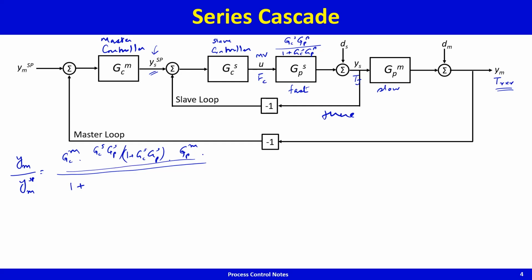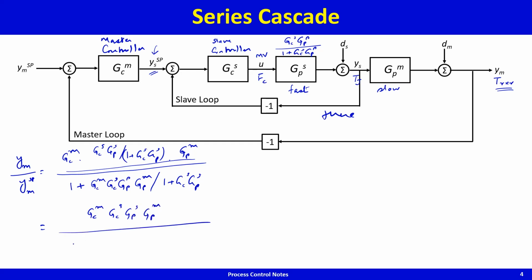And if you do that, what you get is divided by 1 plus, and this turns out to be okay. So that's the servo transfer function for the primary variable.